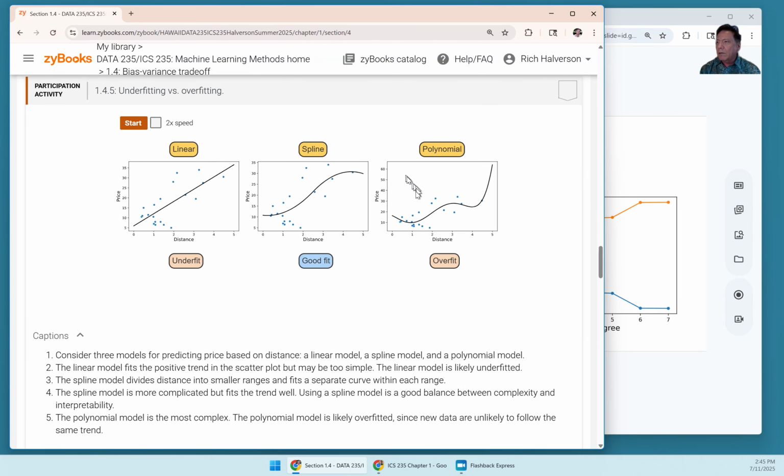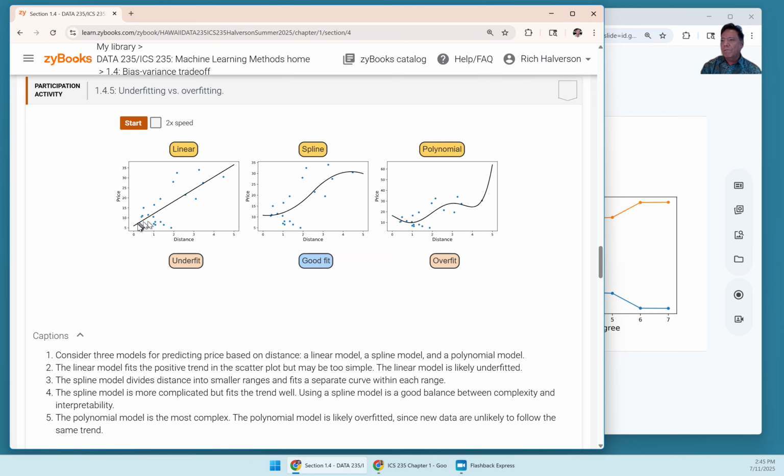Being overfit means there's too many terms and it tries to match the data too closely. But then when we start to predict in the future, or if we predict off the edges of the data, it becomes way off. Linear is just like a 1-degree polynomial. There's the fewest number of terms.